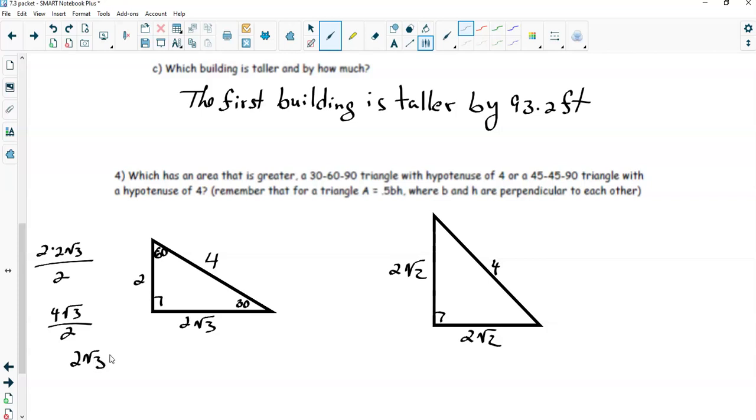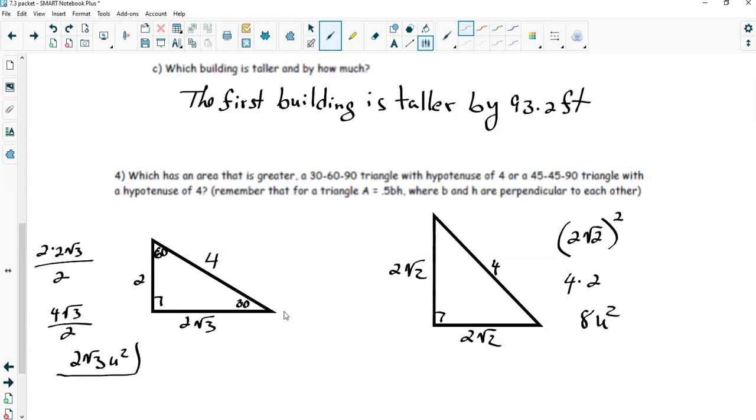That's the area, in square units. Now here you have 2 square root of 2 squared. 2 times 2 is 4, and the square root squared just clears, times 2, which is 8. So the area of this is 8 square units.